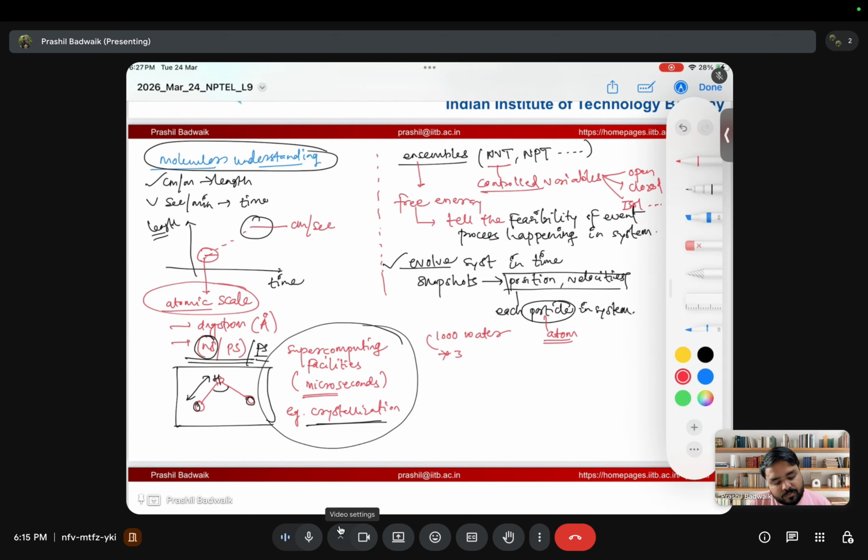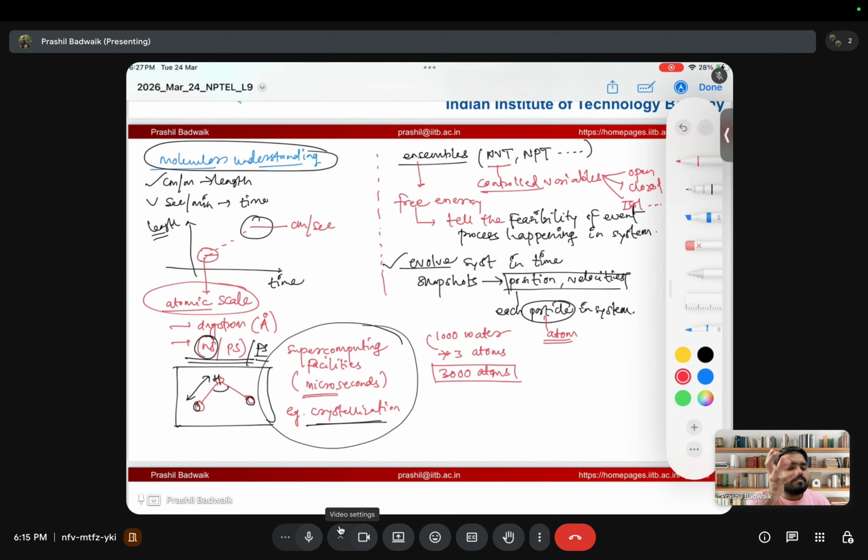These many atoms will be there. 3000 atoms will be there, and these 3000 atoms will have positions in space. Each atom is a point particle.